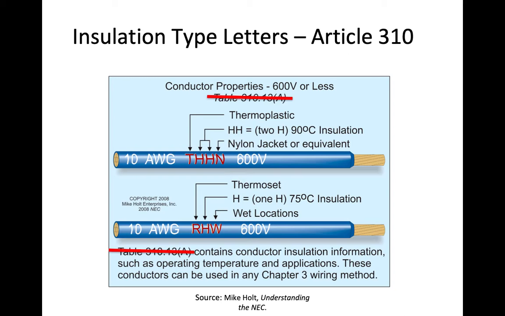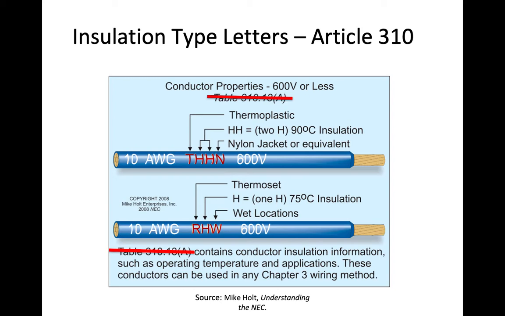The illustration below that conductor is also a number 10 AWG, 10 gauge wire, and this letter coding is RHW. R for rubber, the insulative coating on the conductor. H signifies that it's only rated for 75 degrees C, so this conductor can only take up to 75 degrees C heat.